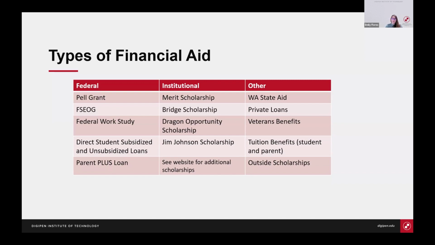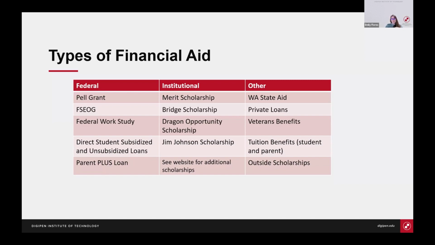And students are automatically evaluated for all of the federal aid listed here based on the FAFSA that they fill out for the year, apart from the Parent Plus loan, which has a separate application that the parent can submit if they decide to pursue that option. Then we also have institutional aid, so Merit Scholarship, Bridge Scholarship, Dragon Opportunity Scholarship, Jim Johnson Scholarship, and many more that are listed on our website.